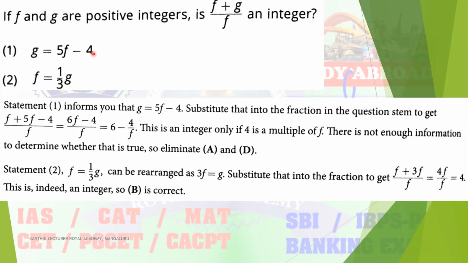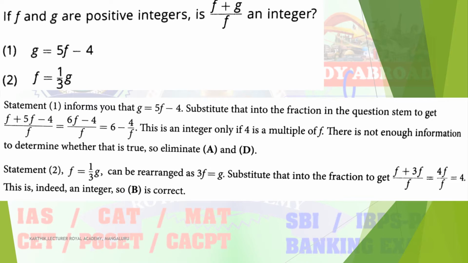So you substitute this g value into the above expression. f plus g, in place of g substitute 5f minus 4, divided by f. Then f plus 5f is 6f, minus 4, divided by f. Then 6f divided by f minus 4 divided by f.